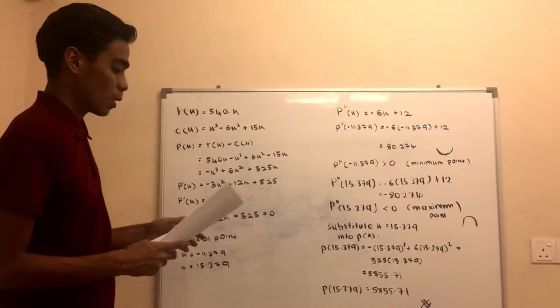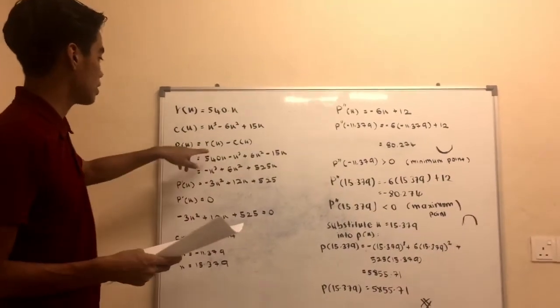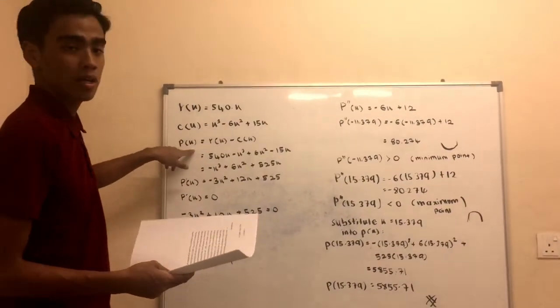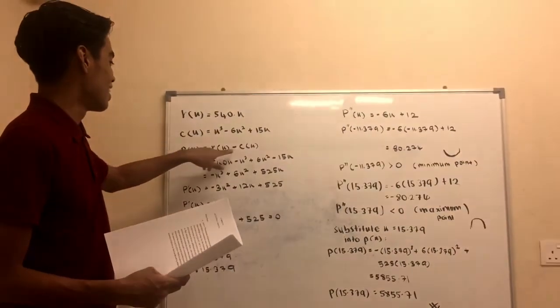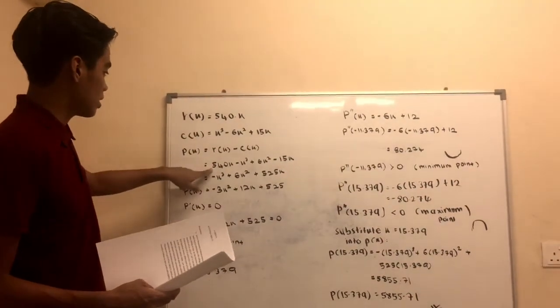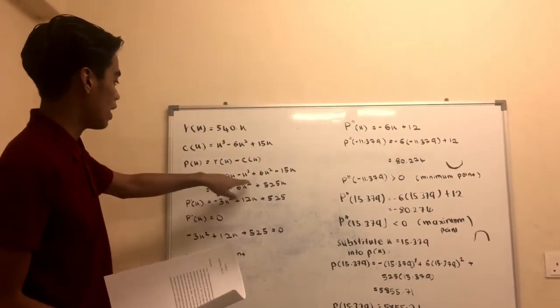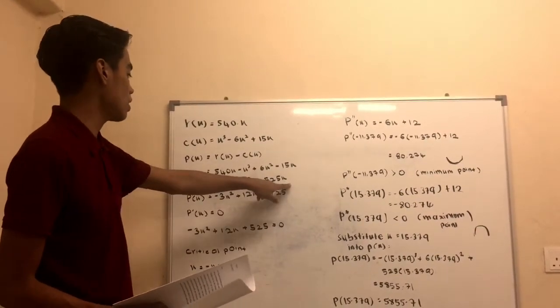So to find the optimization, we make the main function of x, which is P(x) equal to R(x) minus C(x), and then we plug in the values of R(x) and C(x) until we get the finalized function.